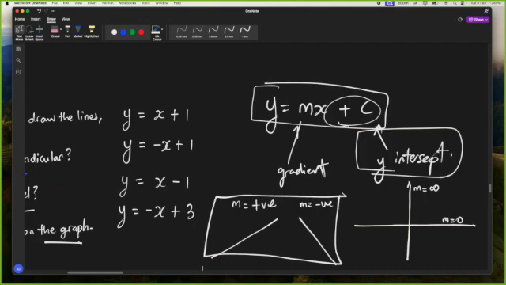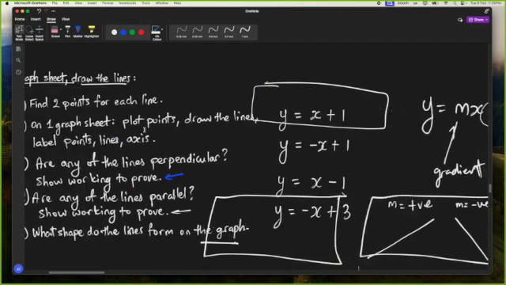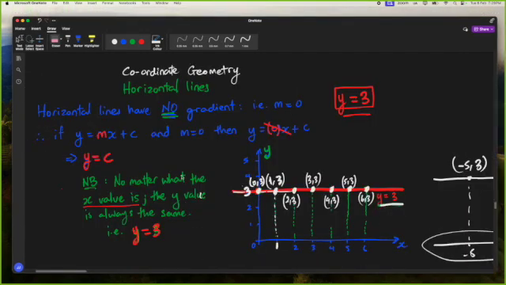When you're talking about horizontal lines and vertical lines, the equation is just a little bit different. Horizontal lines have no gradient, that is, m is 0.